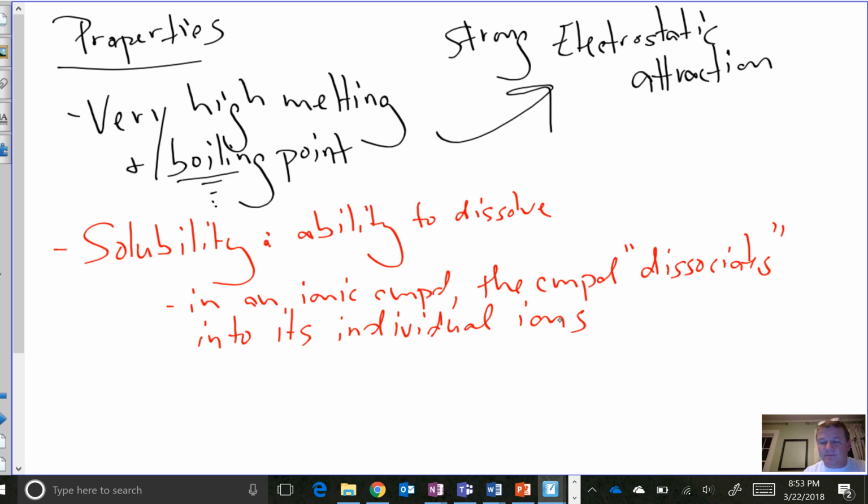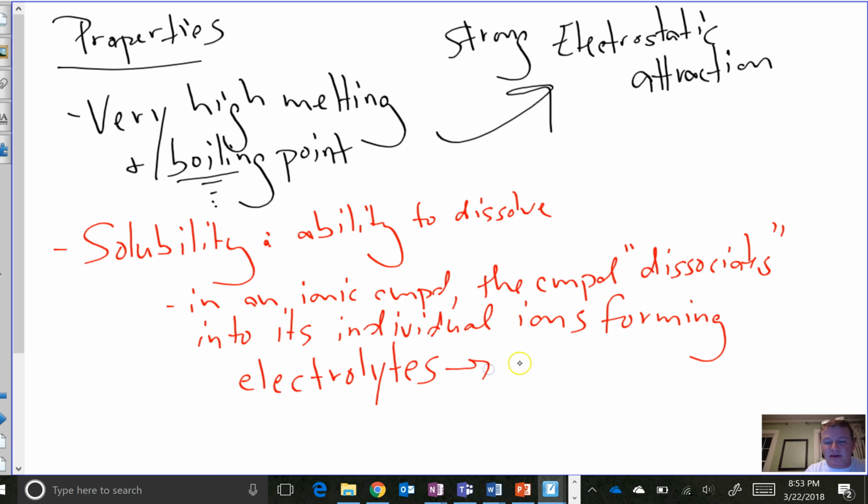All right, and when it does that, forming electrolytes, and those electrolytes can conduct electricity.